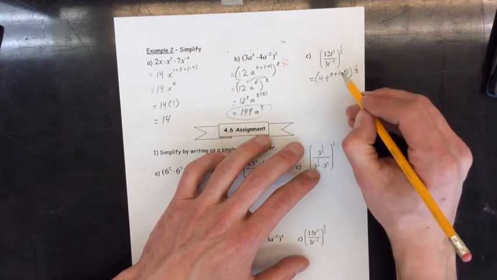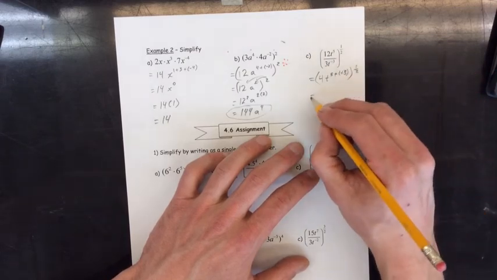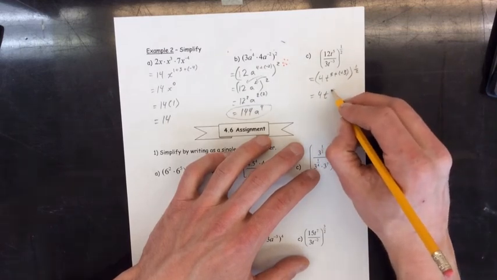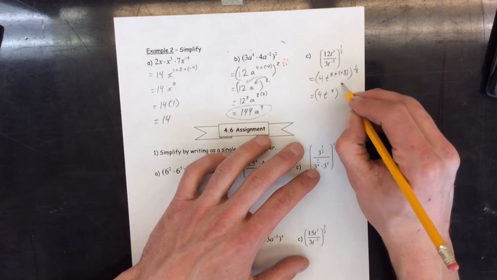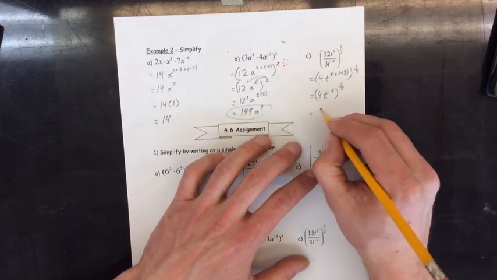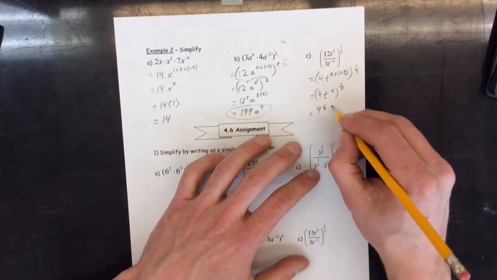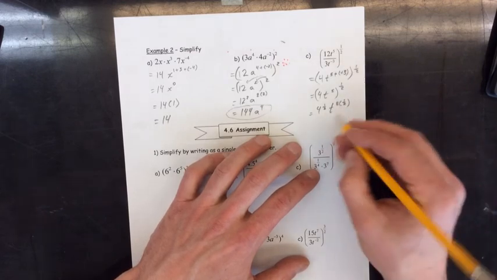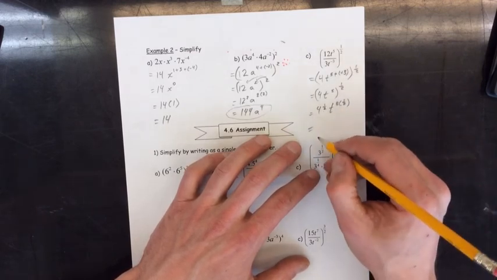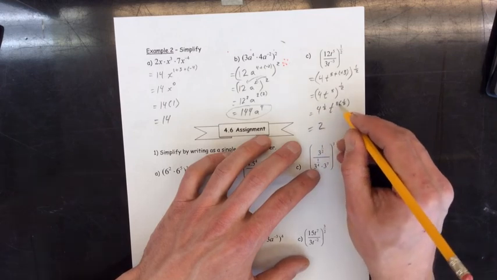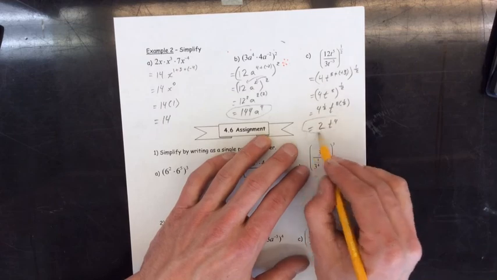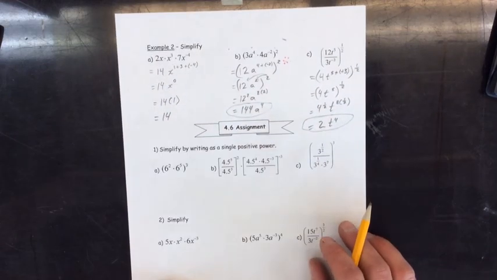So here I want to add the opposite, and I get 4t to the power of 8, all to the power of 1/2, which is 4 to the 1/2 times t to the 8 times 1/2. So this is like the square root of 4, which is 2. t to the 8 times 1/2 is t to the 4th. And there we go.